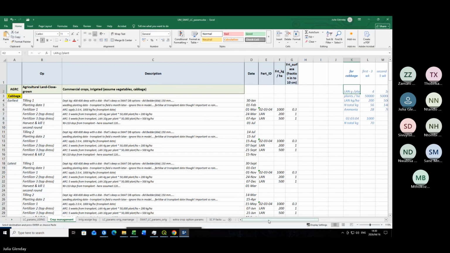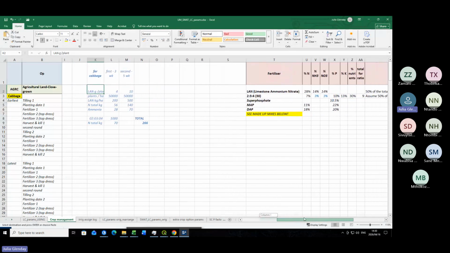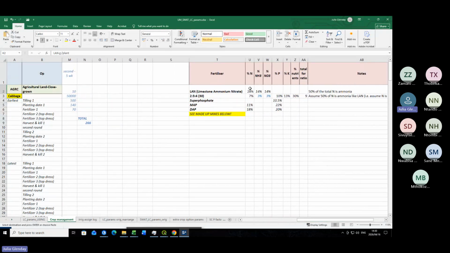So LAN is limestone ammonium nitrate, which is 28% nitrogen in total: 14% ammonia and 14% nitrates. It doesn't have phosphorus and potassium in it.